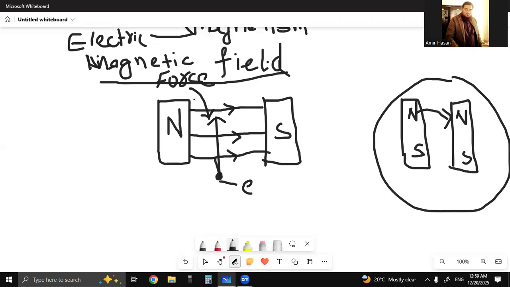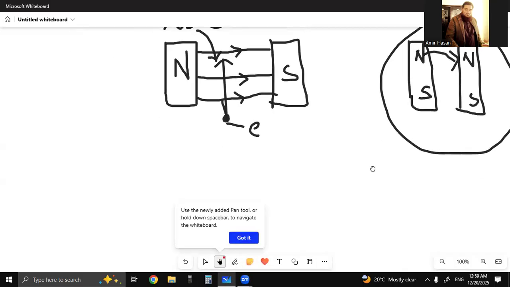A force is produced on the particle. Now, how do we define the magnetic field according to electromagnetism? A magnetic field is a region or space in which moving charged particles are subjected to a magnetic force.